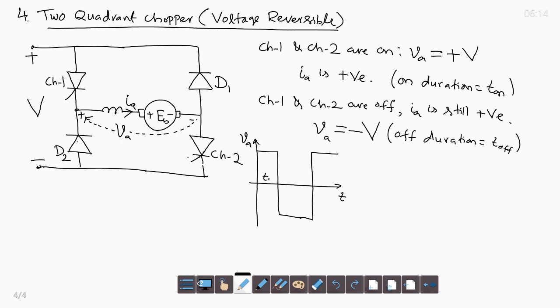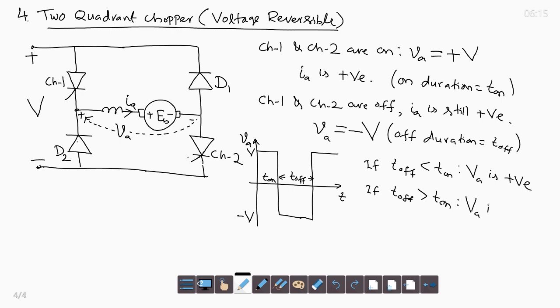For the on time interval you apply plus V, and for the off duration you apply minus V. So, in this operation if T off is less than T on, VA is positive. If T off is greater than T on, VA is negative. So, VA can be positive or negative, but IA is positive.